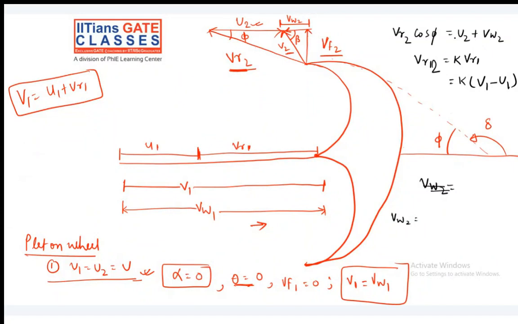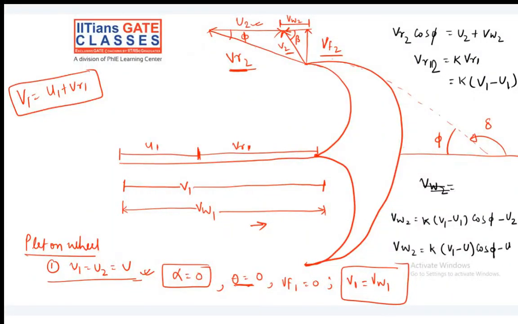VW2 is VR2 cos phi minus U2, and VR2 value is K times (V1 minus U1) into cos phi minus U2. And anyway the U2 and U1 are the same. So the final value of your VW2 is K times (V1 minus U) cos phi minus U.